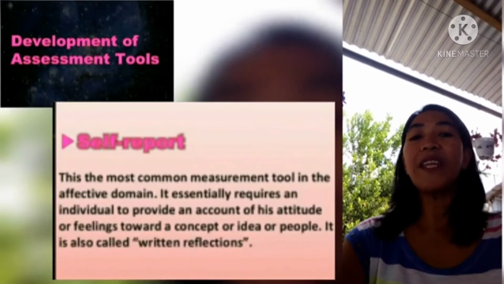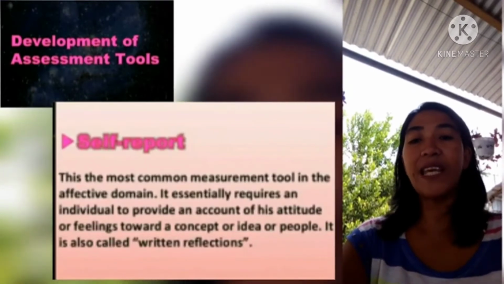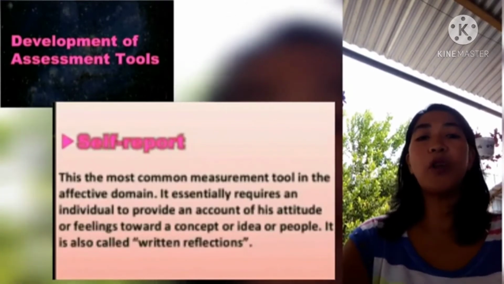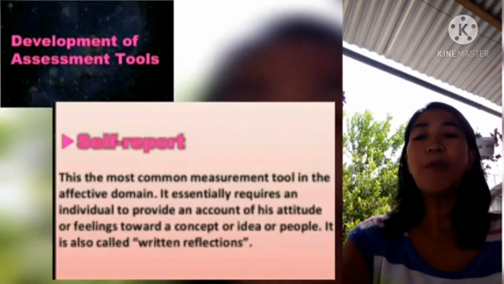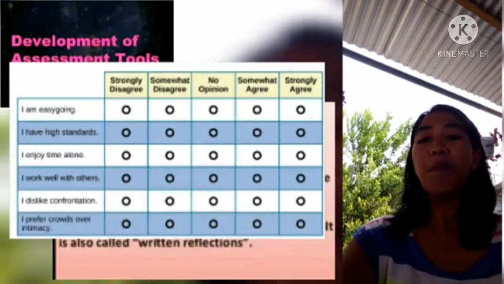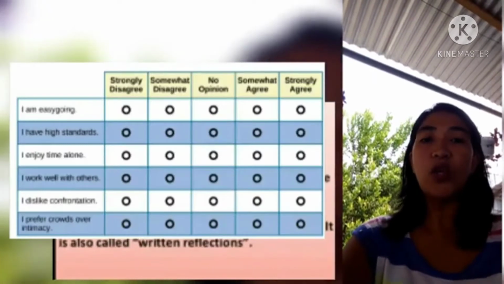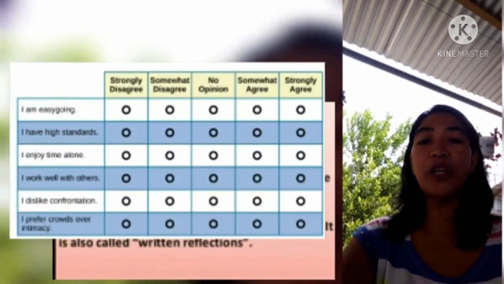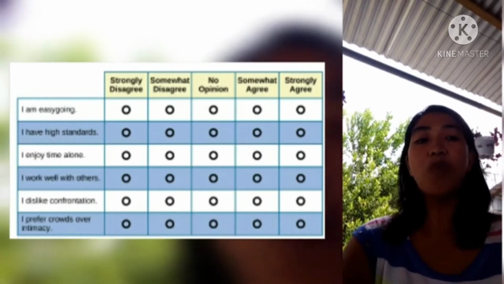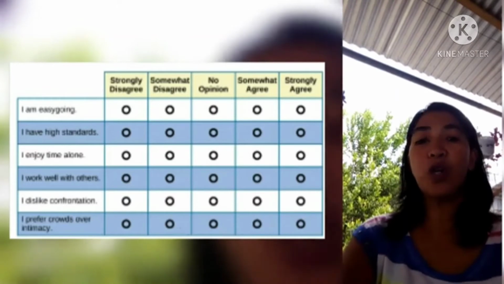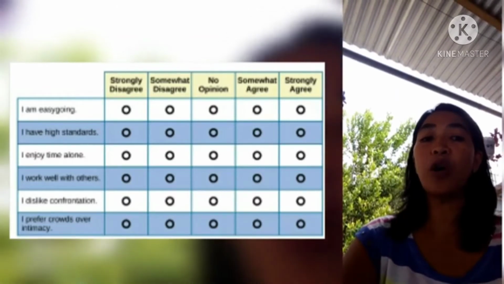Self-report is any method which involves asking participants about their feelings, attitudes, beliefs, and so on. An example of this is, "I am easygoing." So you need to answer or choose among strongly disagree, somewhat disagree, no opinion, somewhat agree, or strongly agree.